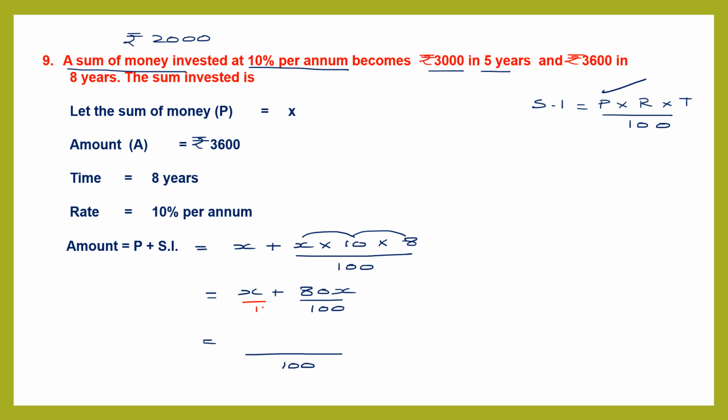So 1 into 100, we multiply x also by 100, that becomes 100x plus, now the 100 in the denominator is the same, so we can write 80x as it is. And in all these cases, the amount is 3,600 rupees. So here also 3,600 rupees.